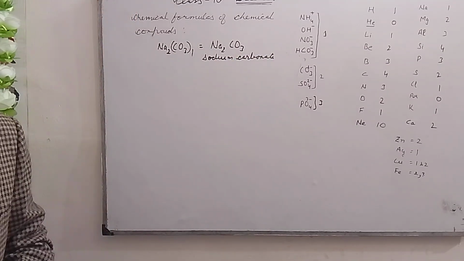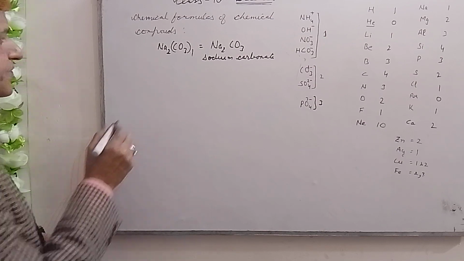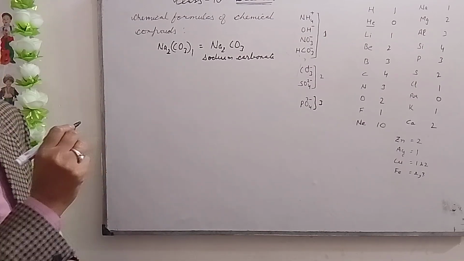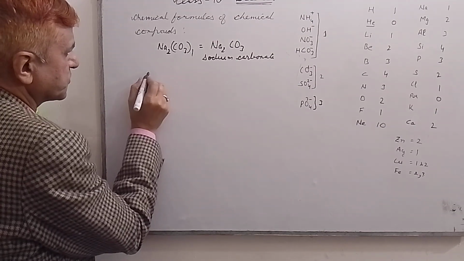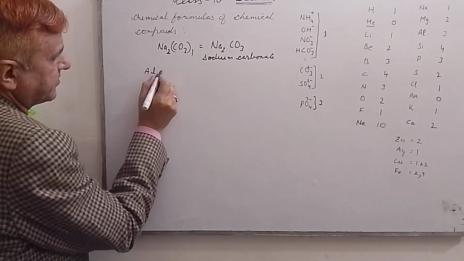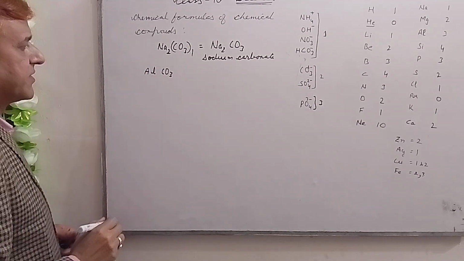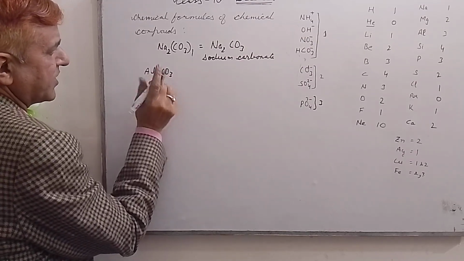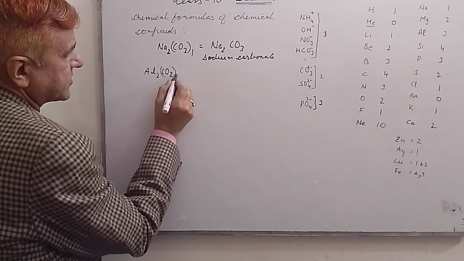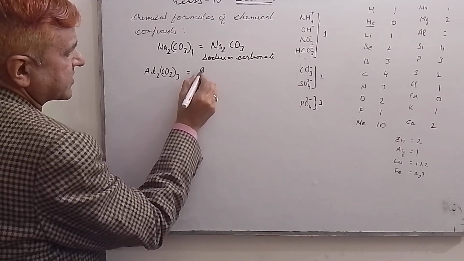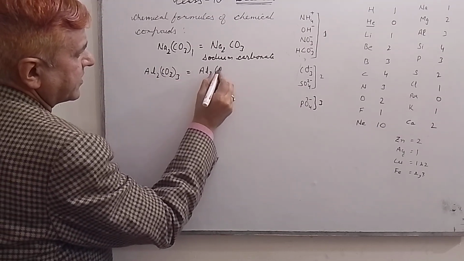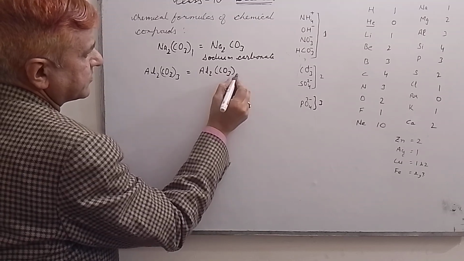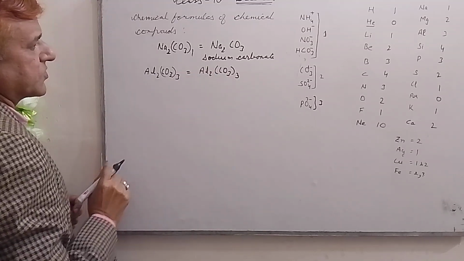Then we have aluminium carbonate. The valency of carbonate is 2 and the valency of aluminium is 3. So this can be written as Al2(CO3)3.